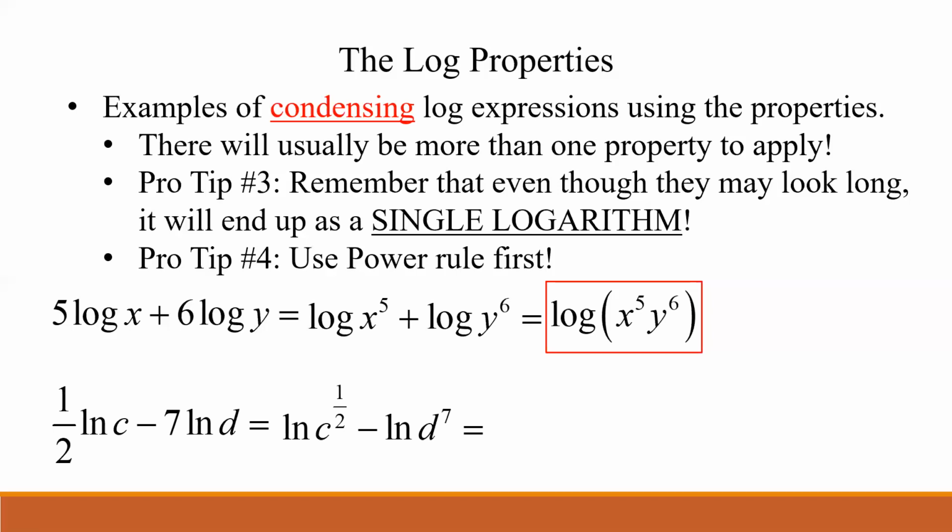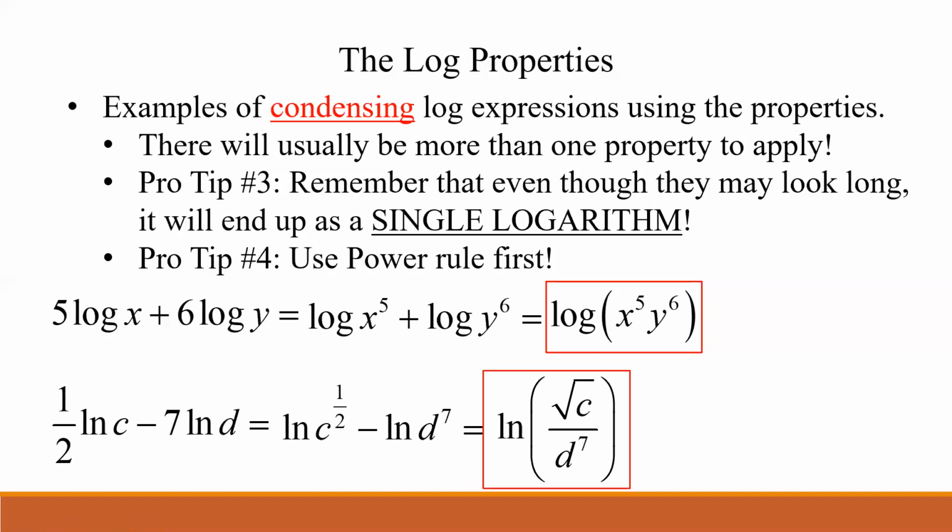Again, if I'm going backwards, if I'm subtracting, that means I'm making it into a fraction and dividing, the quotient rule. So it's going to be ln of root c over d to the 7th. Now, why did I write root c? Because that's a 1/2 power. 1/2 power means square root, so that's where that came from.